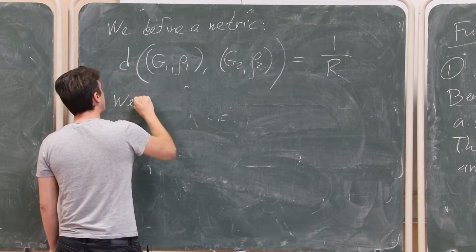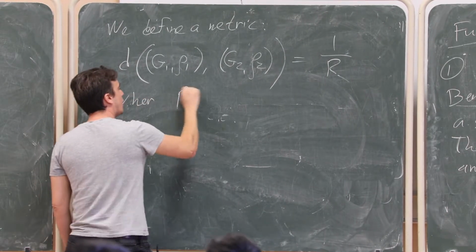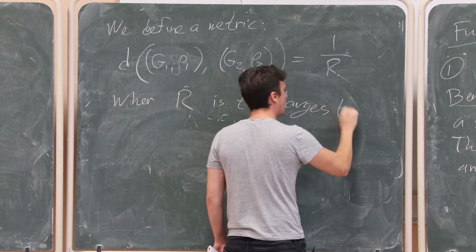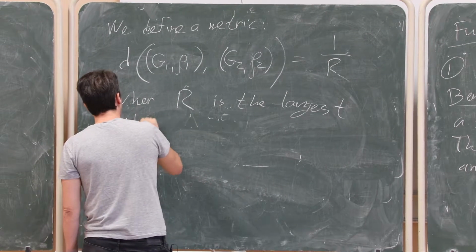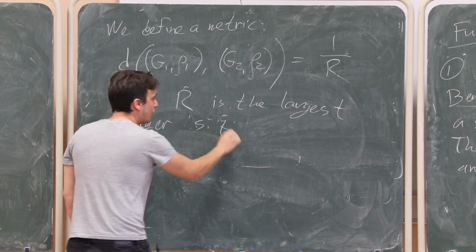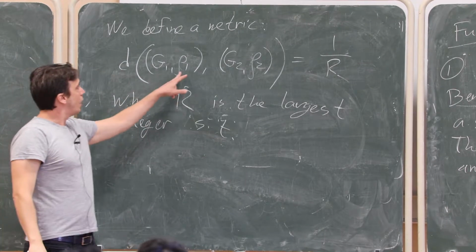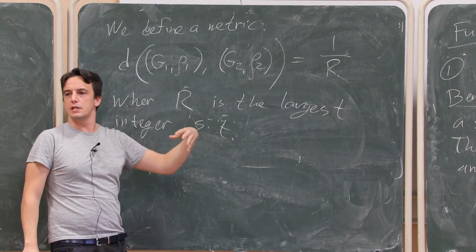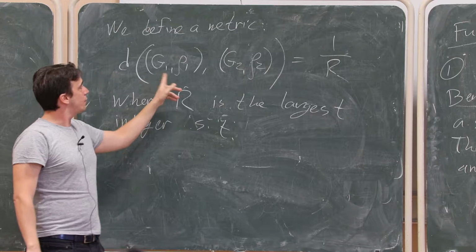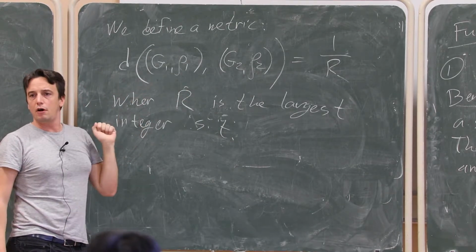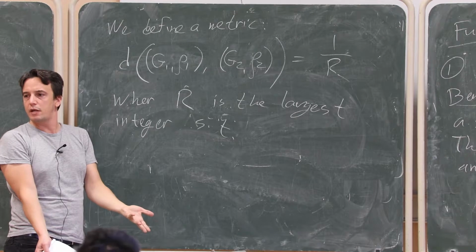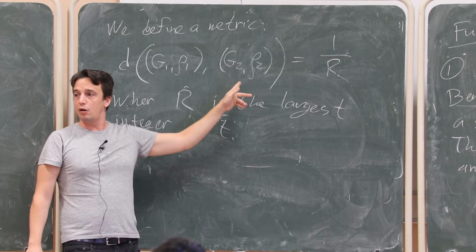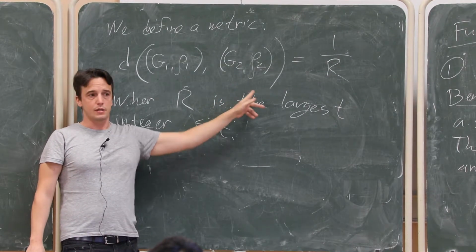where R is the largest integer such that the ball of radius r in G1 around rho 1, the graph distance ball. So I look at all the vertices and edges that I can reach from rho 1 within a path of length r, and look at the induced graph spanned by this. This is isomorphic as a finite rooted graph to the ball of radius r in G2 around the second root.